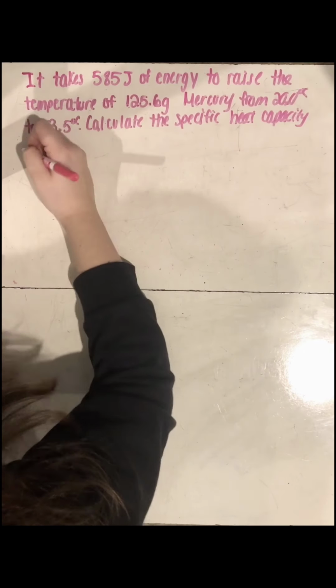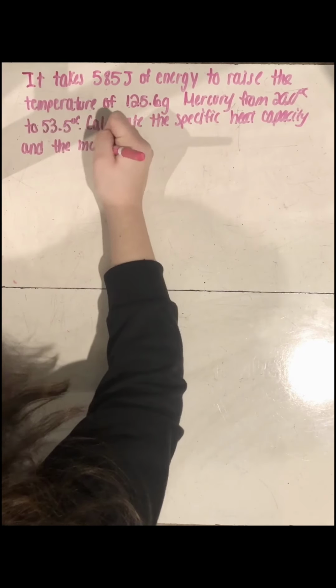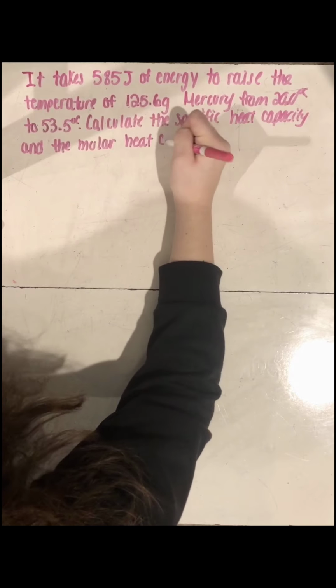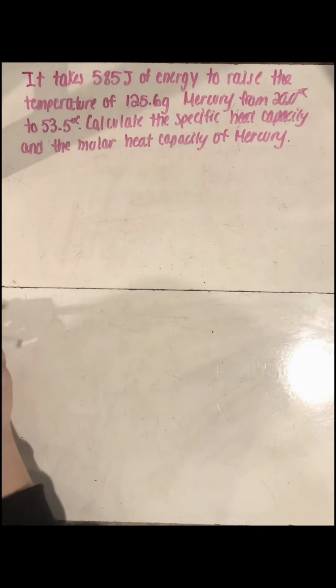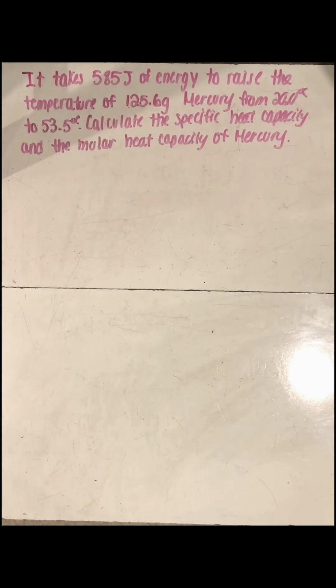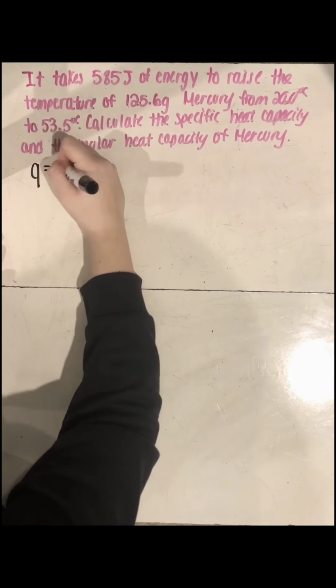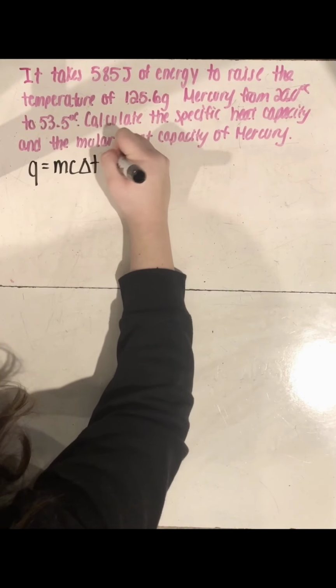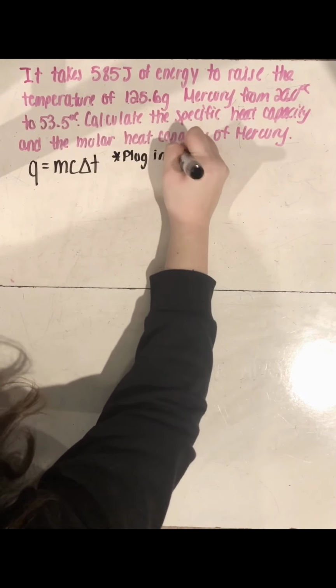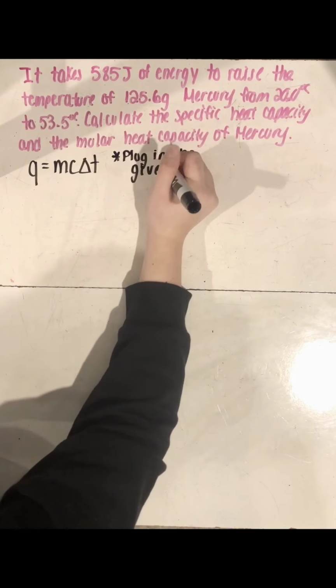Calculate the specific heat capacity and the molar heat capacity of mercury. In order to find the specific heat of Hg, the equation Q equals mc delta T has to be used. The problem identifies mass, change in temperature, and the heat. Plug in to solve for c.